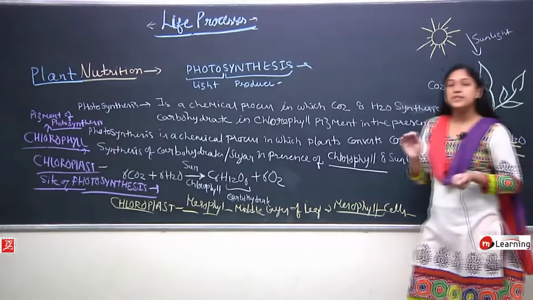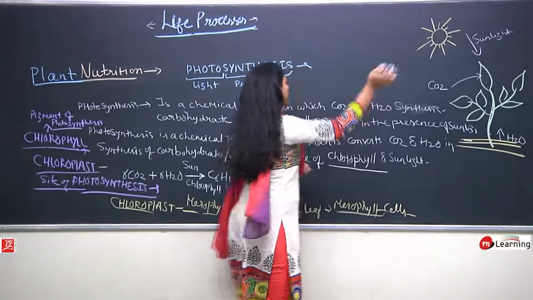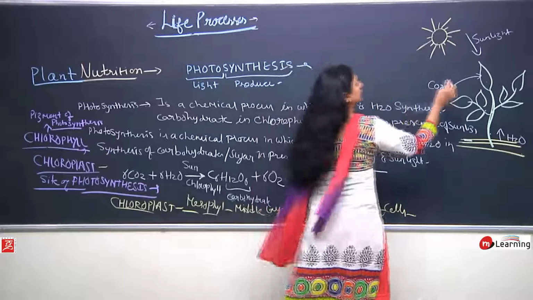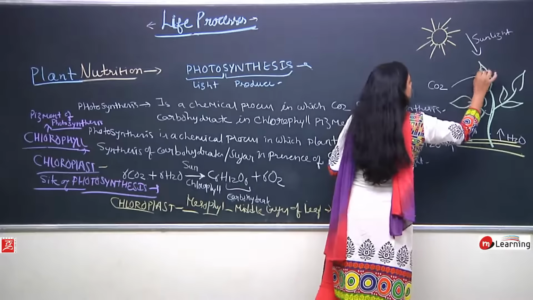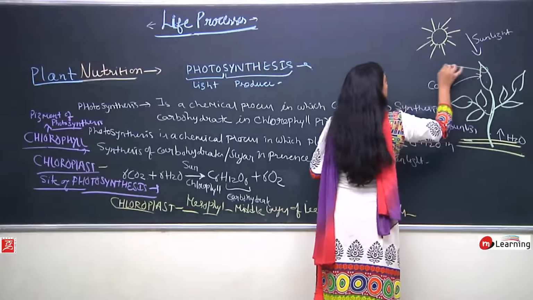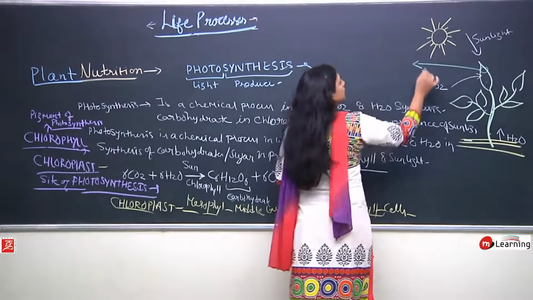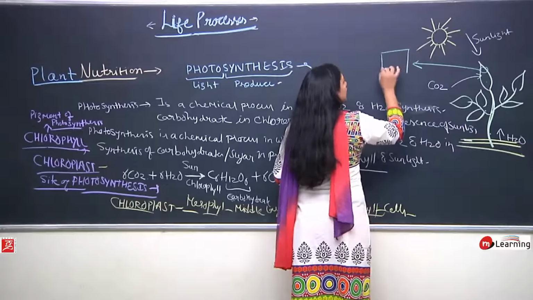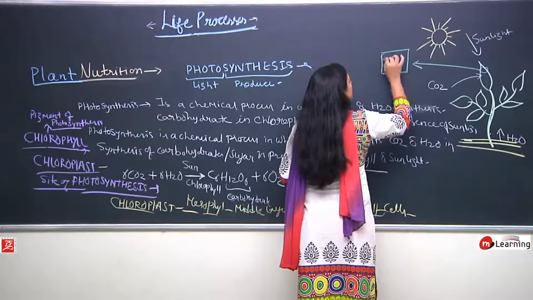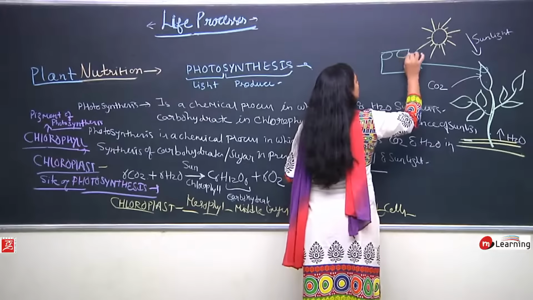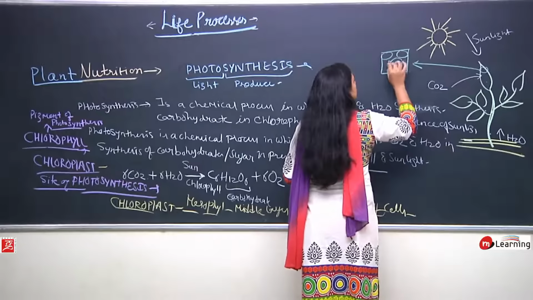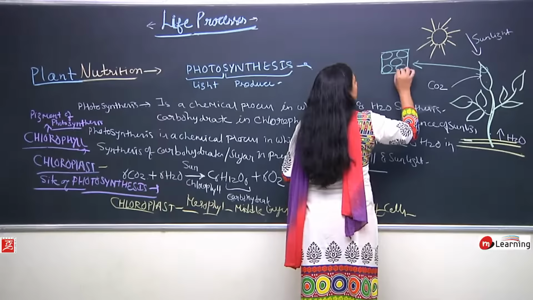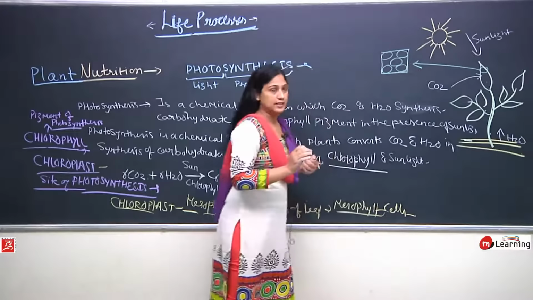Okay, so now we will see the structure of chloroplast. If we see a small mesophyll cell, then what will it have? These are the different mesophyll cells.